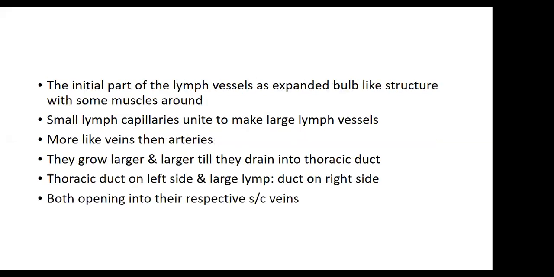The initial part of the lymph vessels, as I told earlier, is a bit expanded in the form of a bulb with some muscles around it so that they can work like a small pump, which when they contract, push the accumulated lymph ahead.